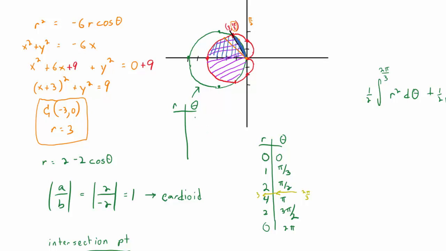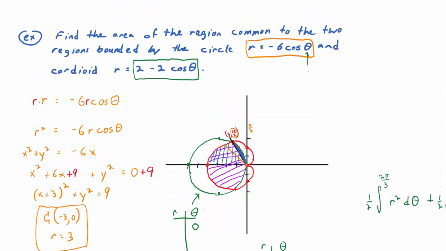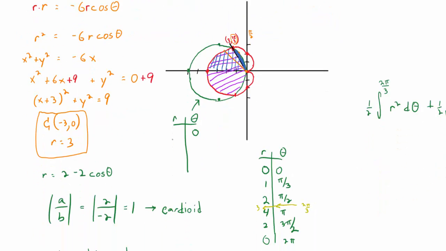If you plug in 0, what's the r value? -6. So if you start at the typical value of theta equals 0, you're way over here. So you see how far off you'd be if you plugged in theta equals 0 for your bottom limit?